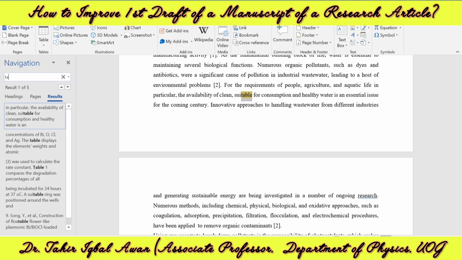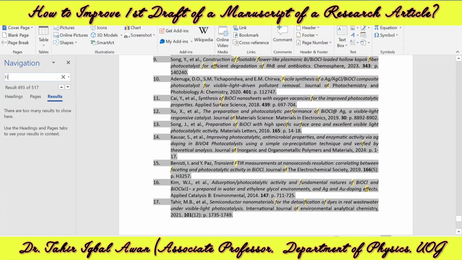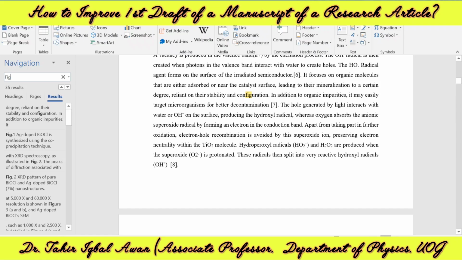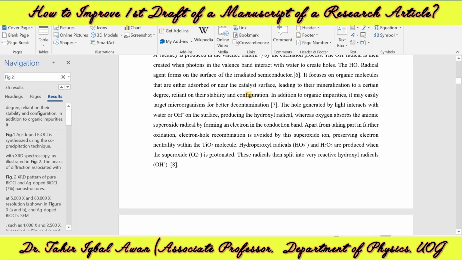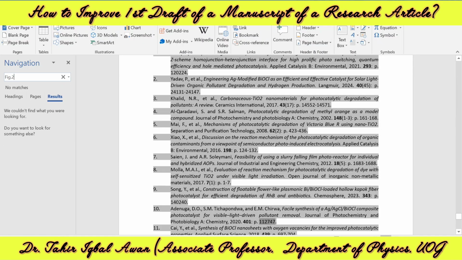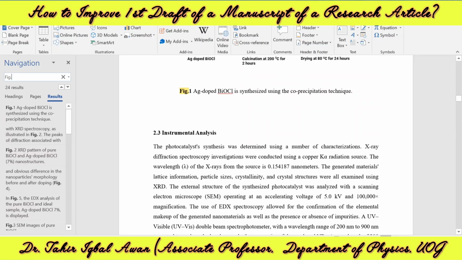Similarly, over here you can search for fig 2, and if it is there, it would be shown. If it's not, then using that you can double check your manuscript, because these are the hints and tips before submitting to any journal. So these tips would be very helpful for evaluating your manuscript.